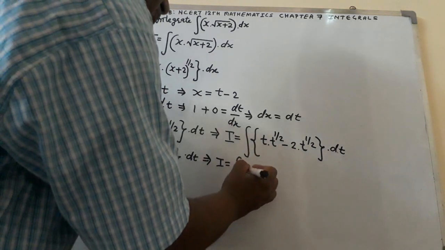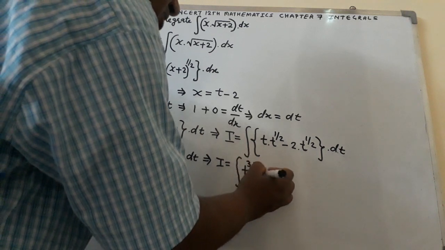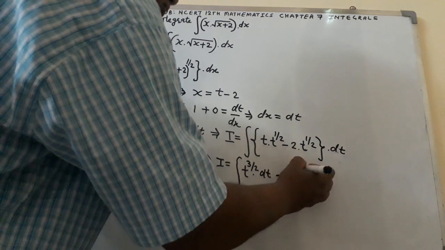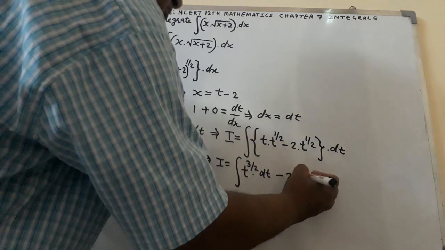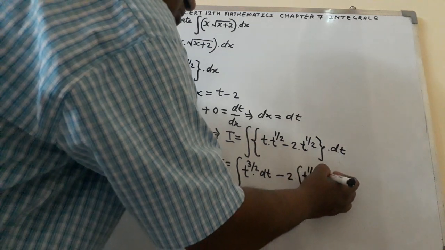t raised to the power 3 over 2 dot dt minus 2 integral t raised to the power 1 over 2 dot dt.